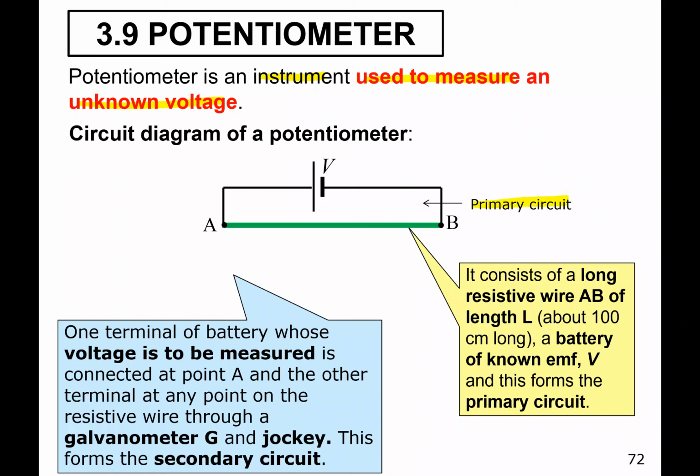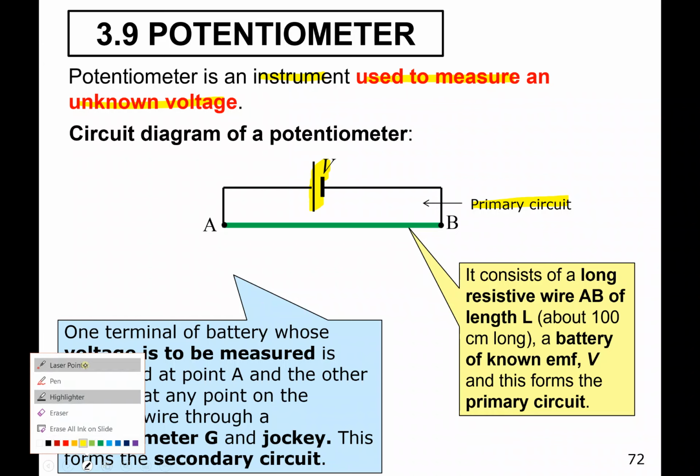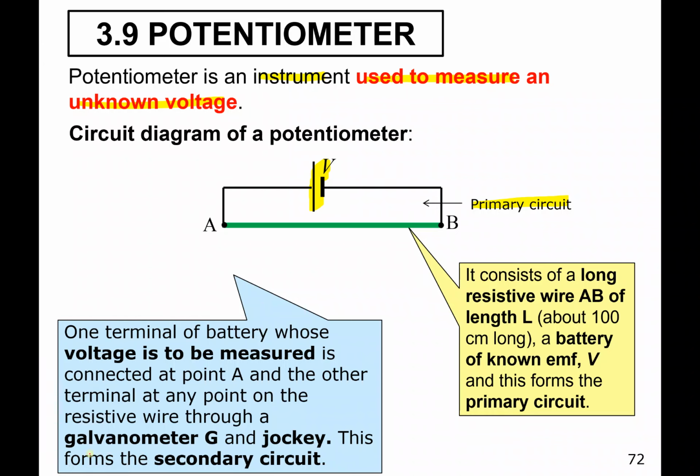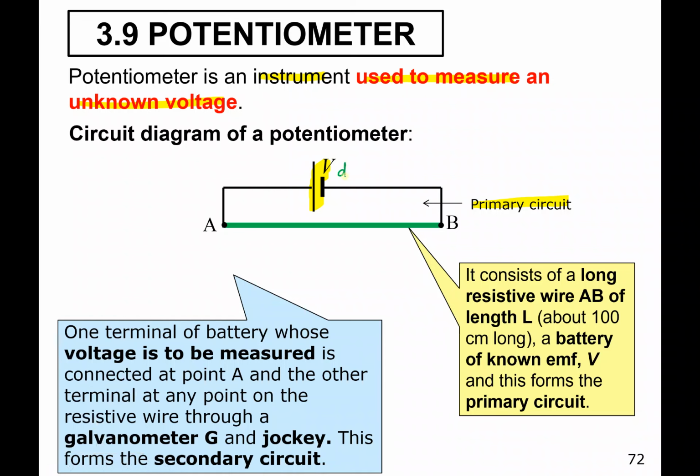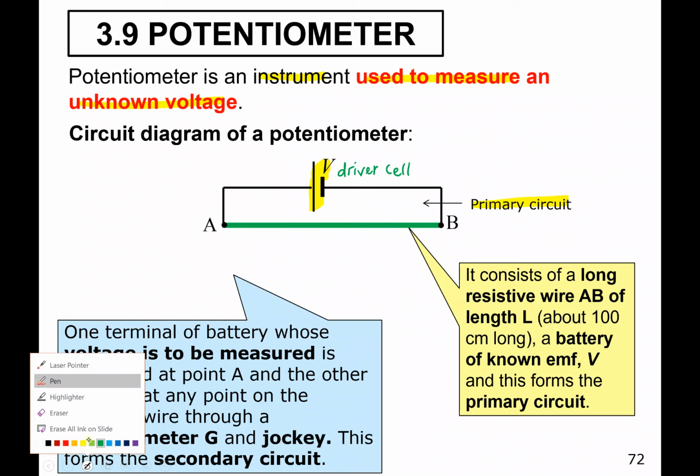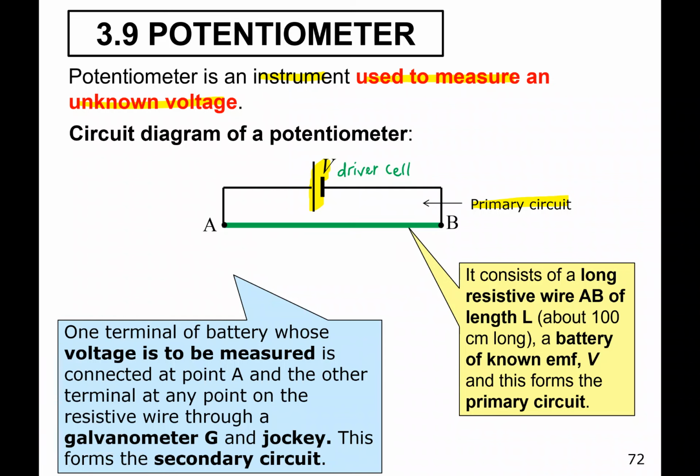In the primary circuit, we have an accumulator or power supply, we call it a driver cell. And then the green line here is actually the long wire. The long wire is usually 100 centimeter long.